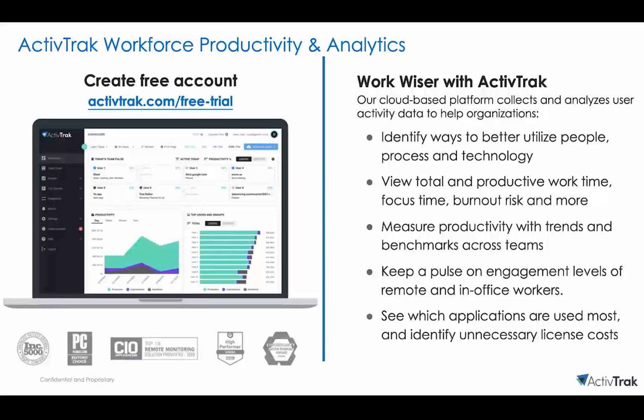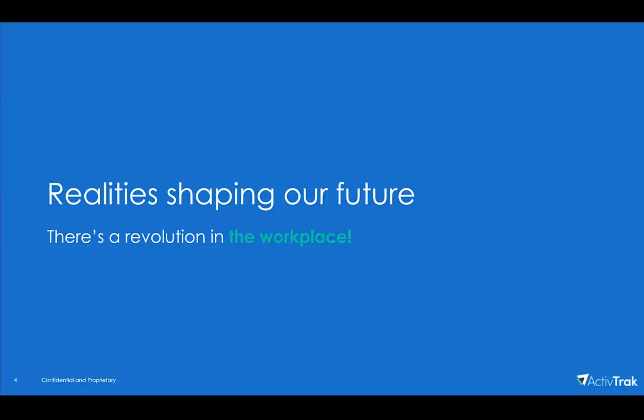This can be useful for a number of different reasons. It could include process changes, changes to the skill set of your people, or even changes within the technology that you're using as well. So there's a variety of different outcomes that can be produced as a result of using the ActivTrak platform. So really looking forward to diving into some more details here with you guys.